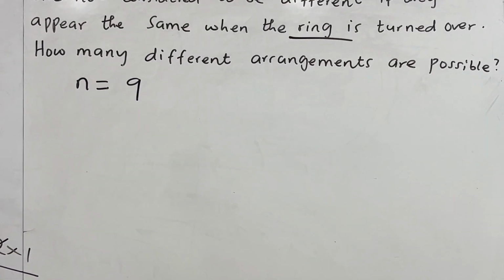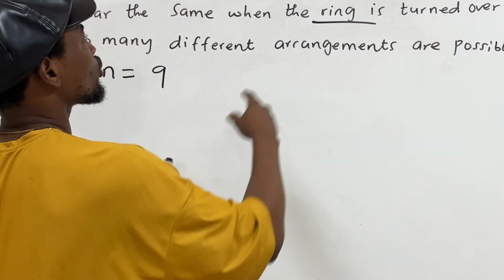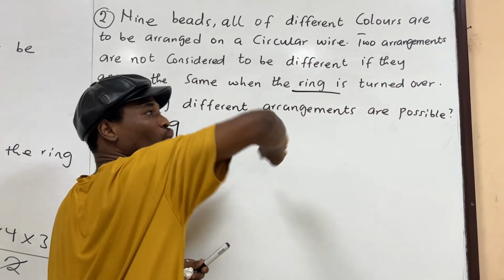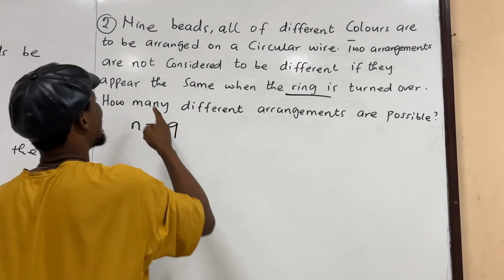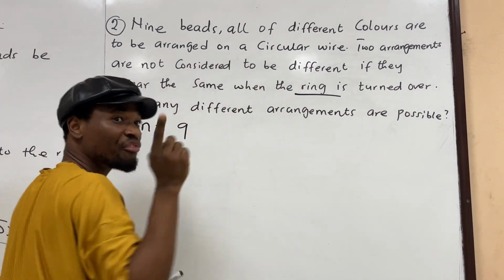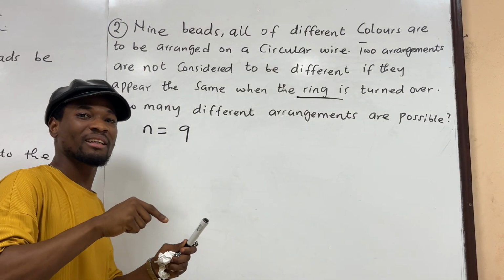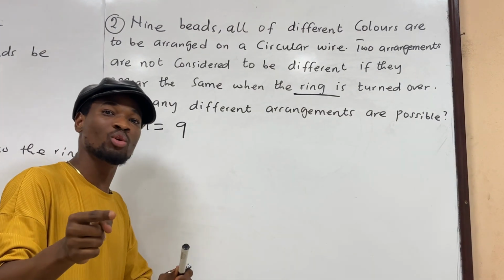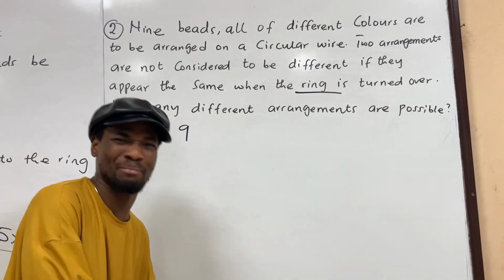That is why the question said that two arrangements, clockwise and anti-clockwise, are not considered to be different. That means the arrangements are considered to be the same.